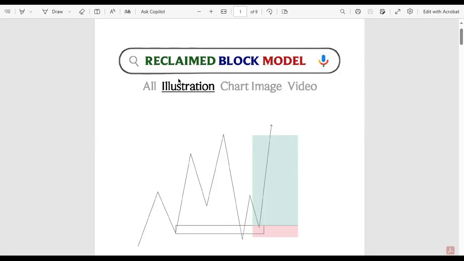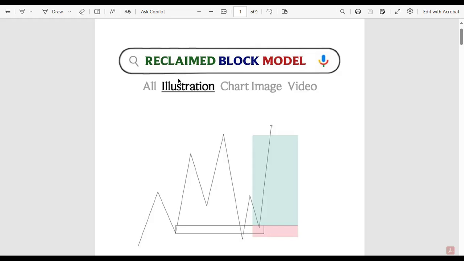There are so many entry models that a lot of traders are using, but this one is one of the very profitable ones, because if you take enough time to backtest and collect enough data from the market, I assure you that you're going to see a different world opening up to you, and I believe you're going to change your trading experience. It is very simple, as you can see in this illustration.